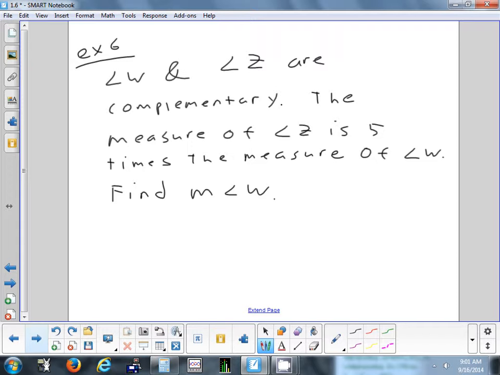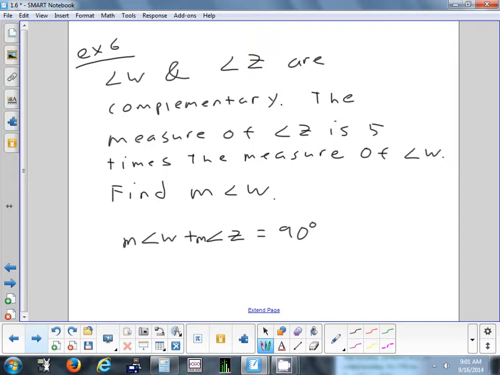Can anybody give me one equation that has to do with the first sentence? Angle W and angle Z are complementary. Angle W plus angle Z equals 90 degrees. Yeah, this is a basic fact we know. The measure of angle W plus the measure of angle Z is 90.